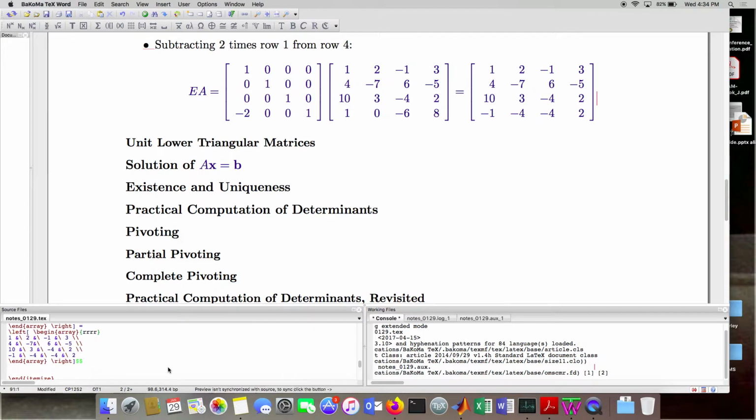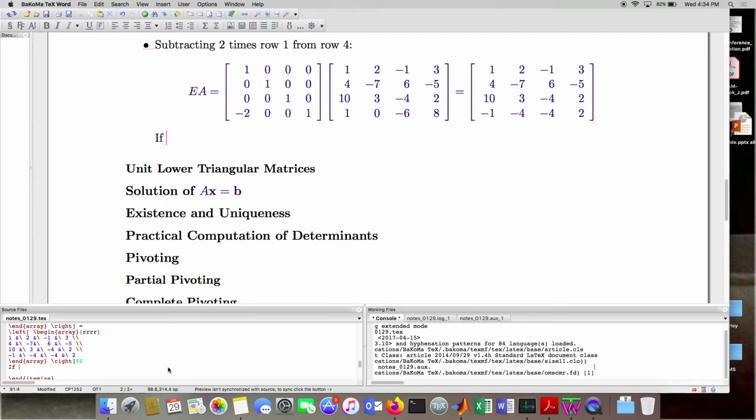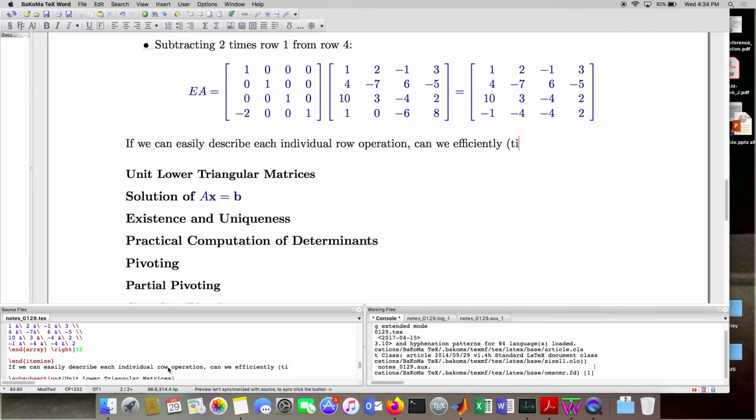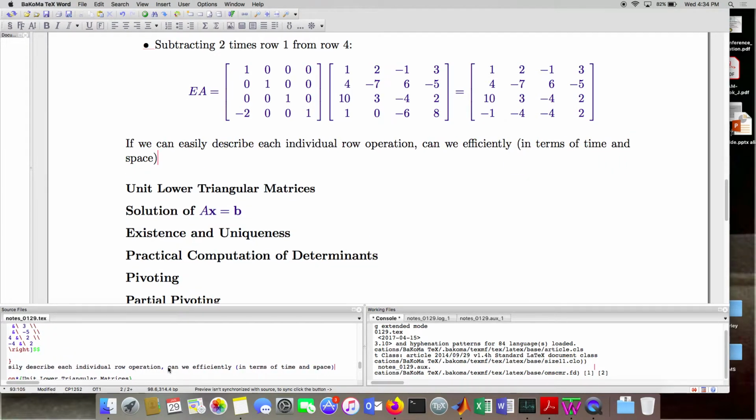So if we can easily describe each individual row operation, can we efficiently, in terms of computation time and storage space and memory, represent all of the operations needed to carry out Gaussian elimination?